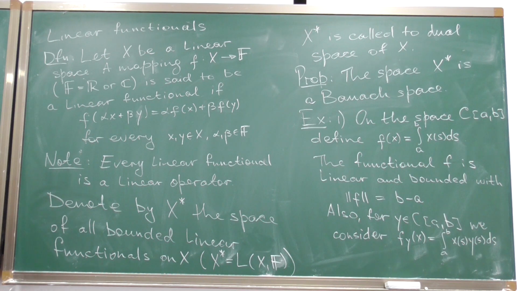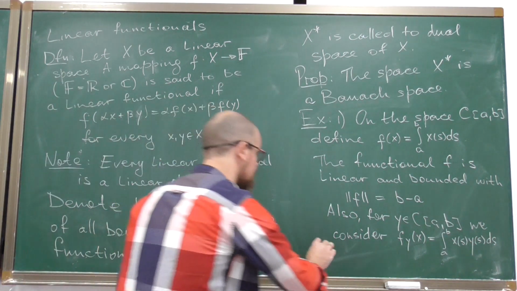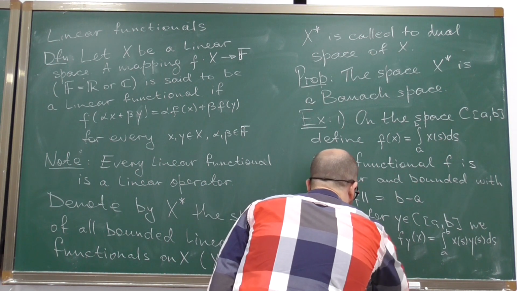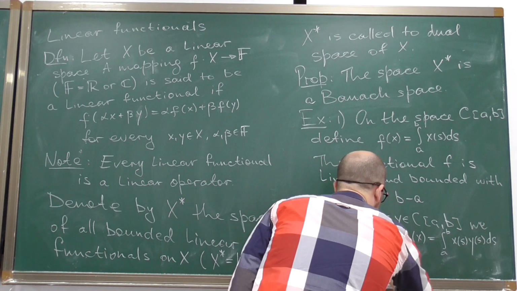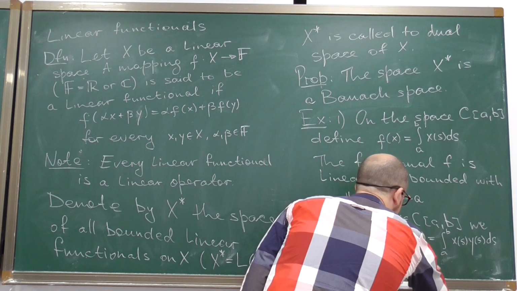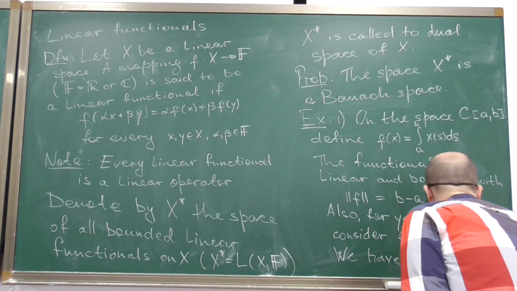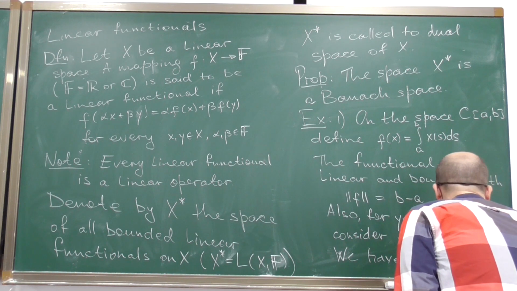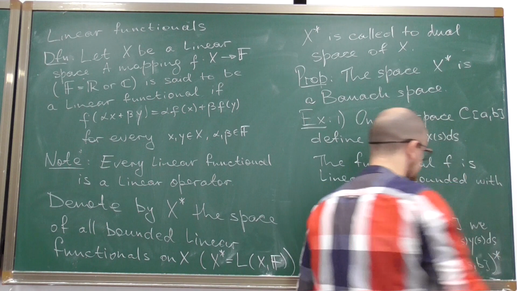This is also a bounded linear functional. So we also have that f sub y belongs to C[a,b], and then we take the dual, the asterisk.